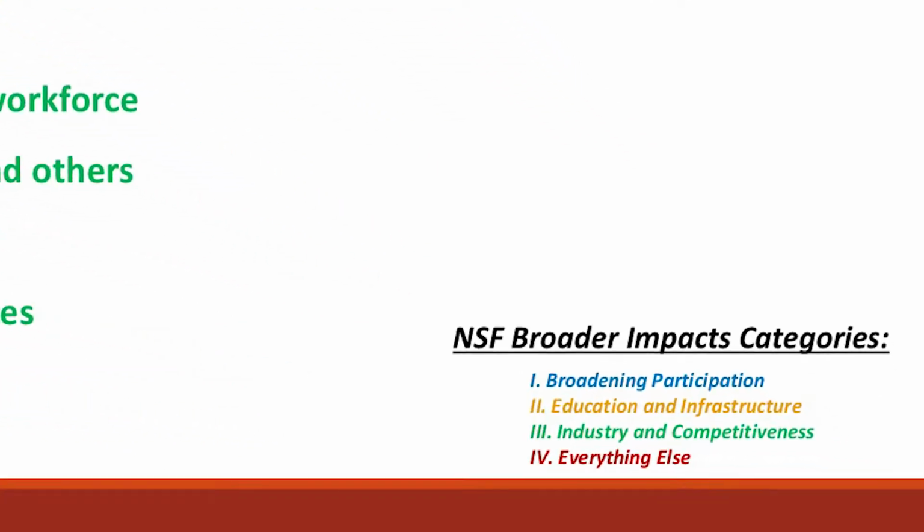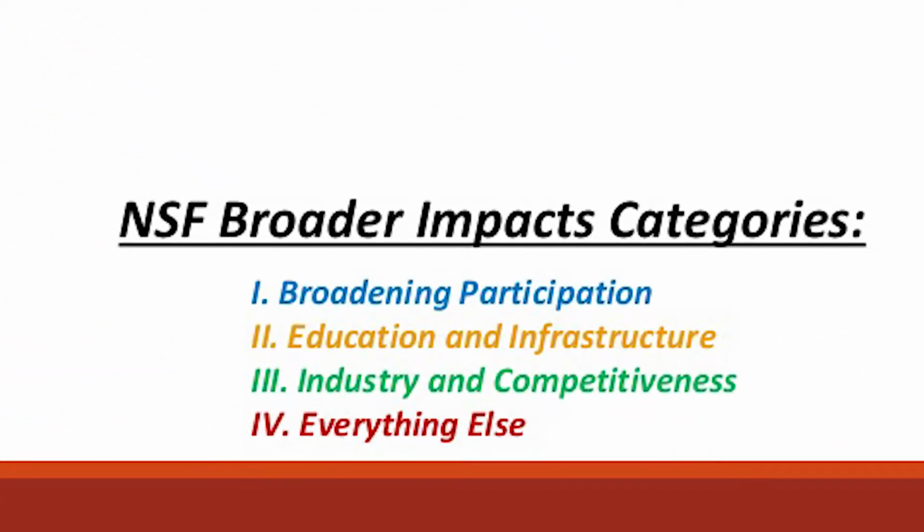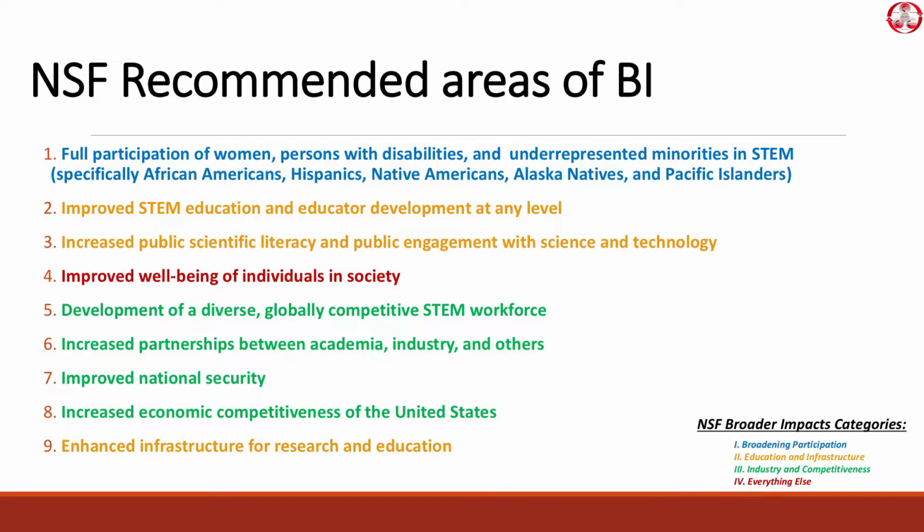We talk about broadening participation. So if that's something you're very interested in, that may be something you might want to focus on. There is, within the goal, the education and infrastructure. So we have improved STEM education development at any level, increased public scientific literacy and public engagement with science and technology, and enhanced infrastructure for research and education.